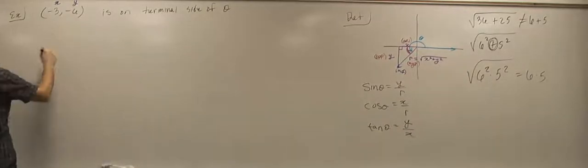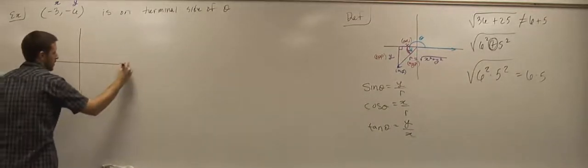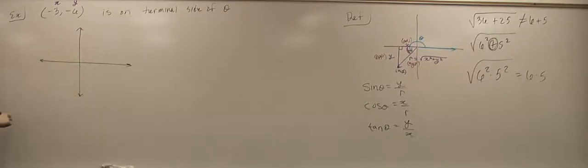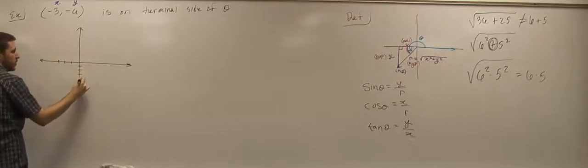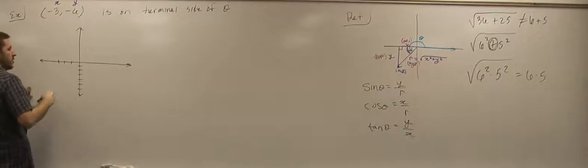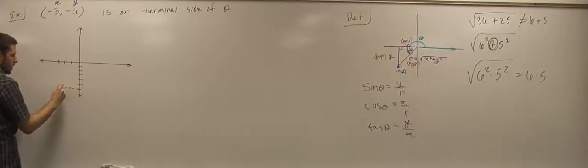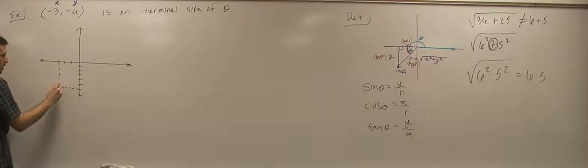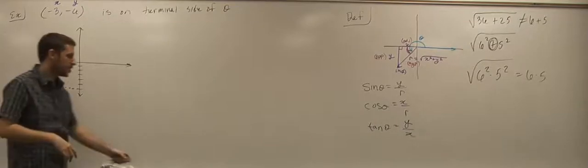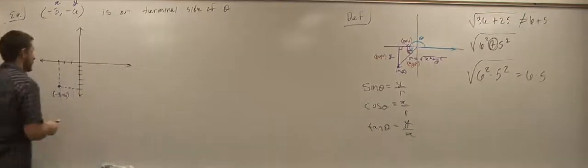So what I would do is I would actually draw this point. Where does (-3, -6) land? Which quadrant? Third quadrant, because you have to go 1, 2, 3 to the left, 1, 2, 3, 4, 5, 6 down. So they're giving you a point down here, and they're saying that's the terminal side of some angle theta.